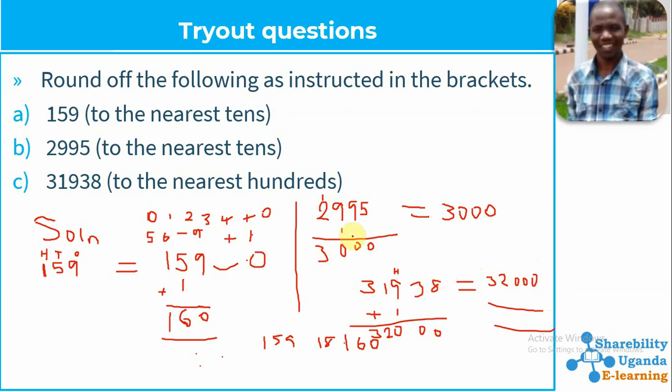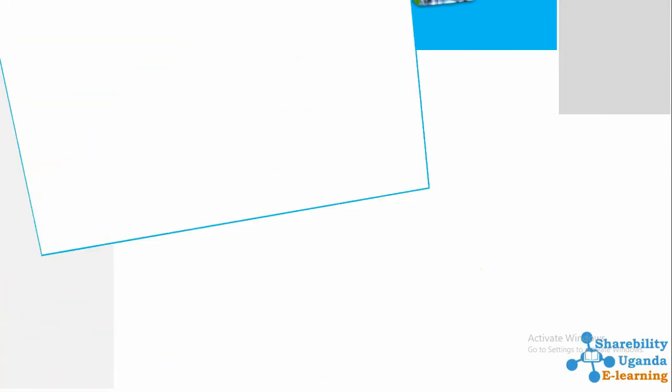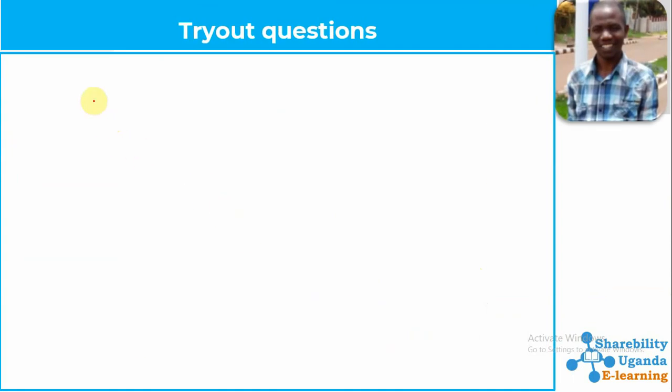Okay, so that is how we carry out rounding off, and it is as simple as doing and understanding. You make sure you understand these numbers are hundreds. Okay, you understand their place values, tens, ones. Then you should also be able to understand that from 0 to 4, you add 0.